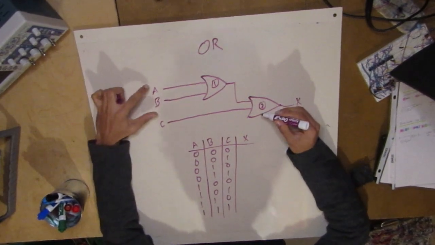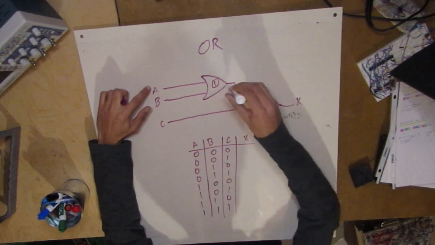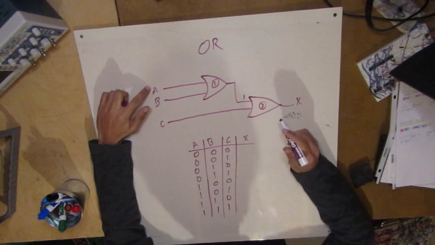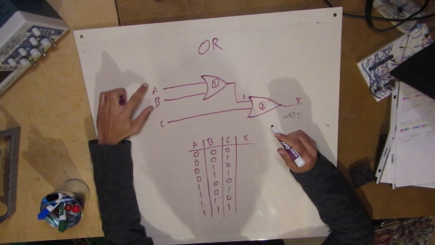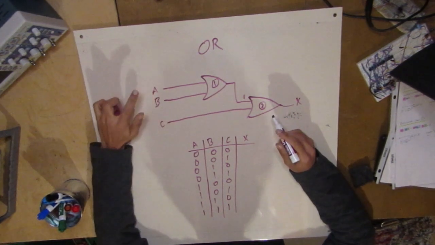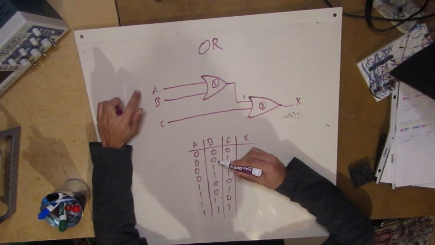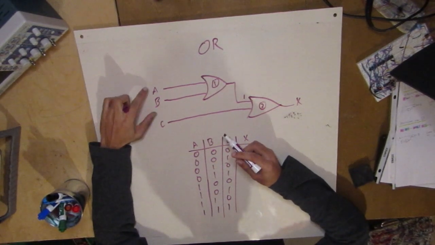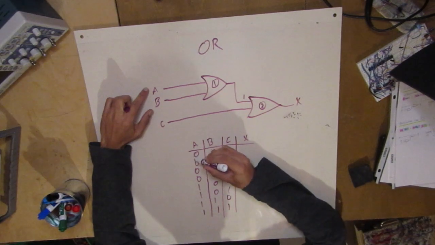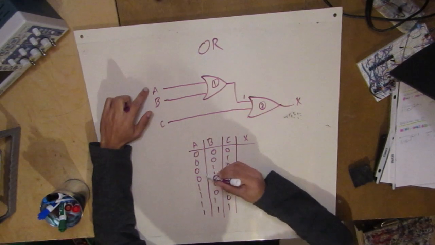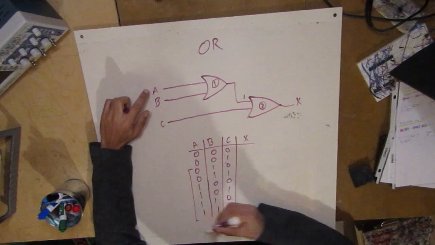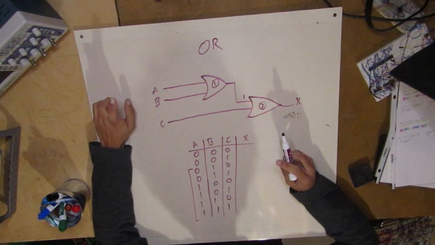Now for A and B, for logic gate 1, we want a 1 on this output, right? So for logic gate A and B, how do we get a 1 on this output? There's got to be at least one 1 on the A and B. So these guys, there's no 1s at all, but all of these in parentheses, they always have a 1 somewhere.